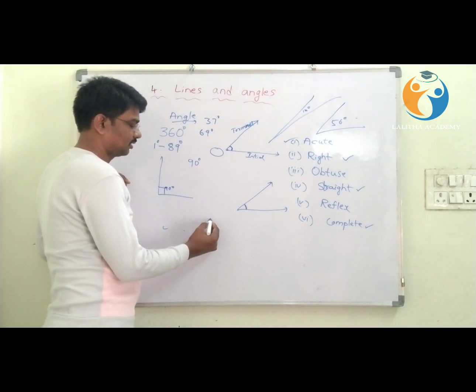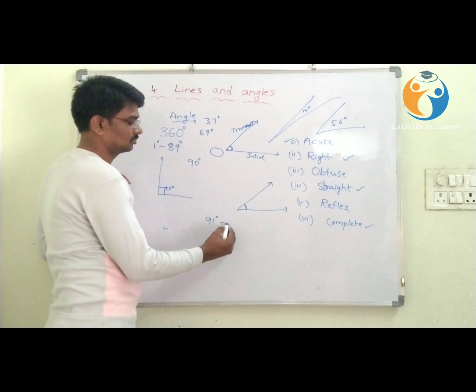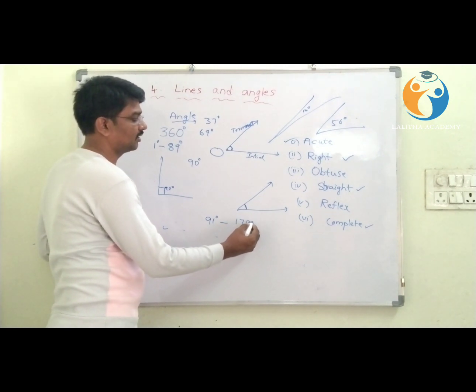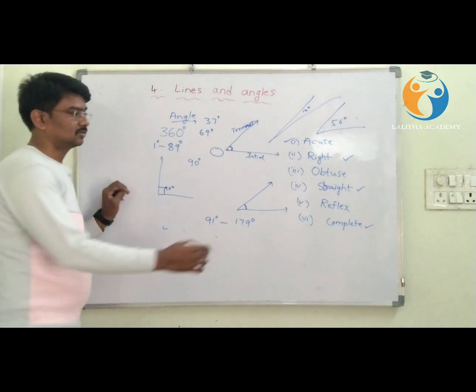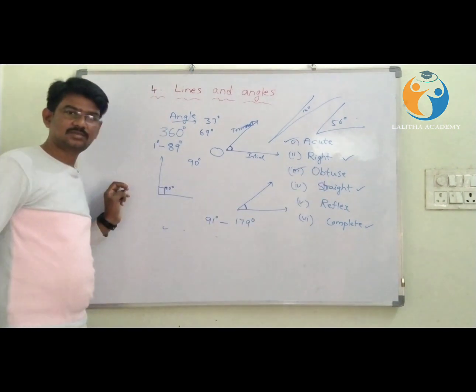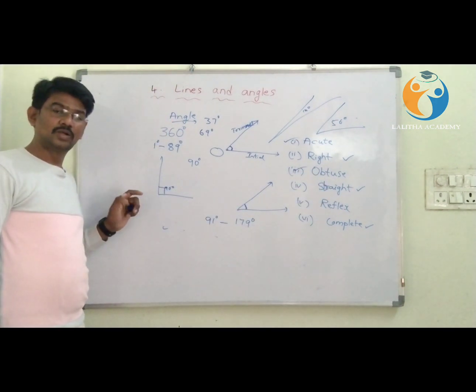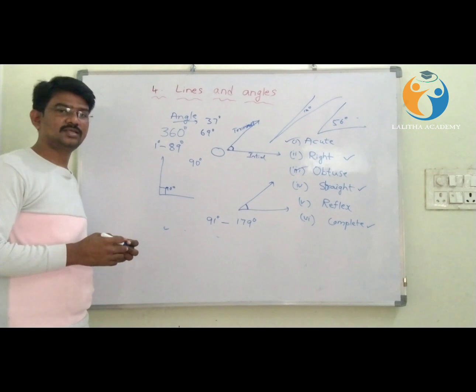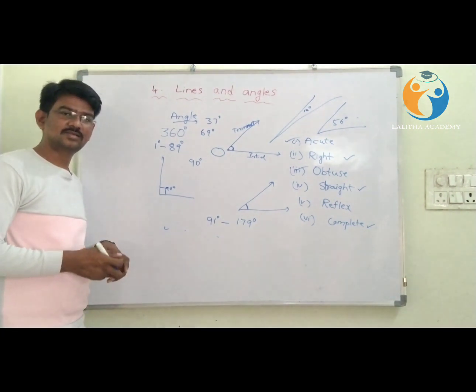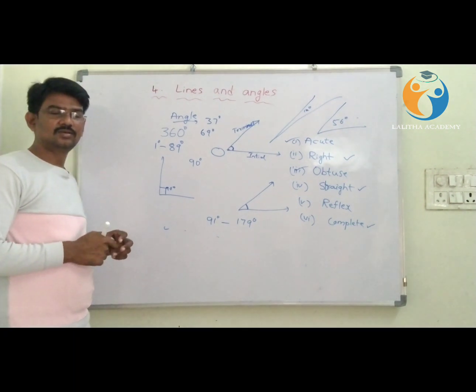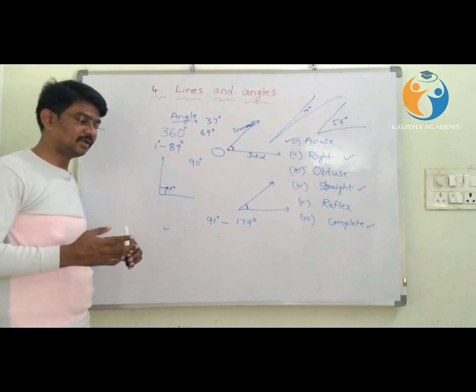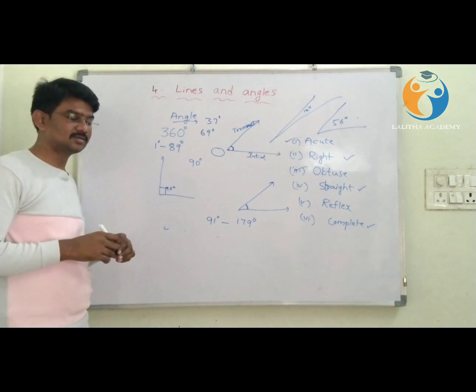Next, 91 degrees to 179 degrees are obtuse angles. 125 degrees, 136 degrees, 147 degrees, 169 degrees, 132 degrees, 111 degrees.